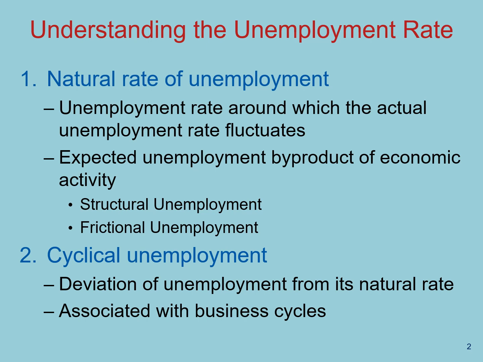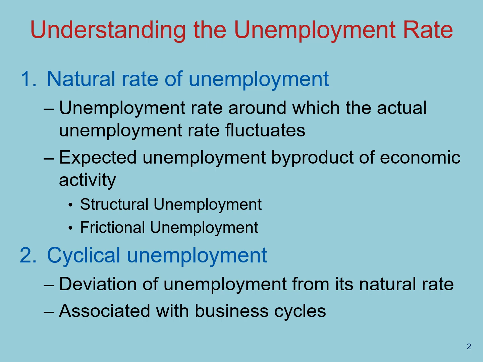We begin by noting that the causes of short-run fluctuations in unemployment are different than the causes of the long-run average unemployment rate, called the natural rate of unemployment. In its definition, the natural rate of unemployment is the unemployment rate around which the actual unemployment rate fluctuates, and is expected unemployment as a byproduct of economic activity.